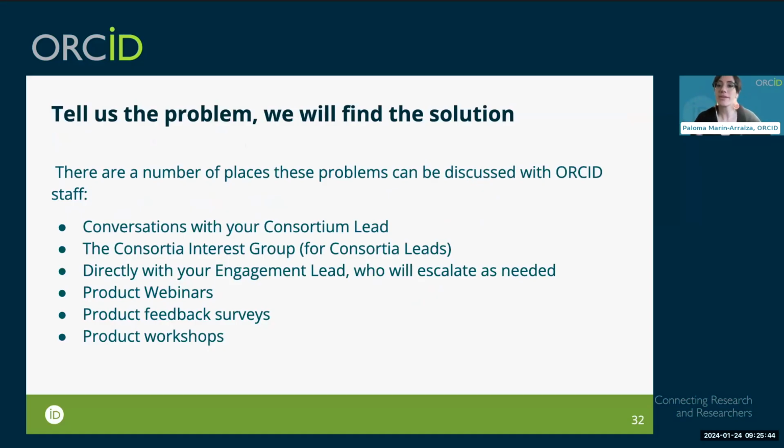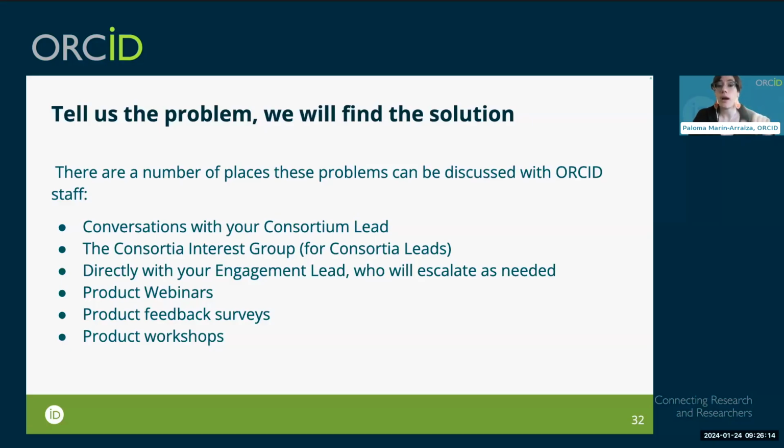Where are the channels where you can discuss those problems with us? Of course, if you're a consortium member, conversations with your consortium lead. Then your consortium lead, as mentioned, will escalate all that to us. If you're a consortium lead, you can also use the consortium interest group to share this with the ORCID team, apart from the normal conversations you will have with the team.